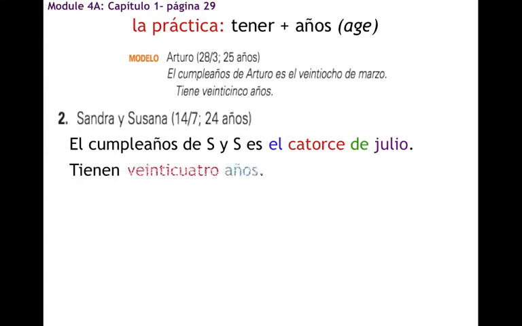Tienen 24 años. And we're using tienen because Sandra y Susana could be replaced with ellas. So we need to use the form tienen. Número 3. Mamá, su cumpleaños y su edad. ¿Cuándo es el cumpleaños de mamá?